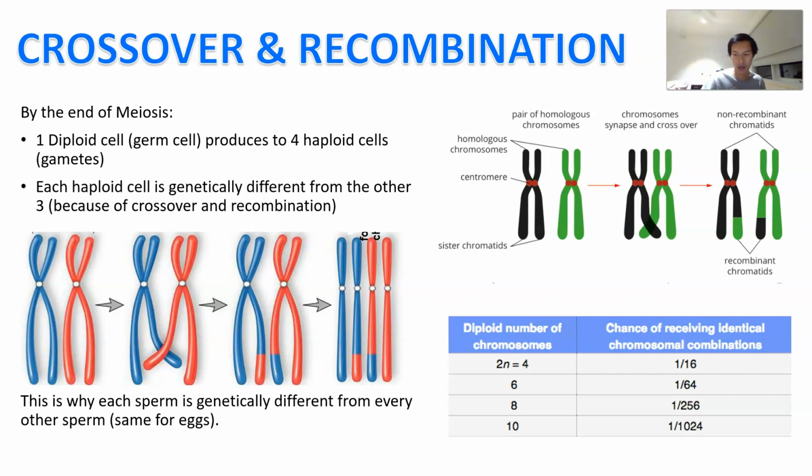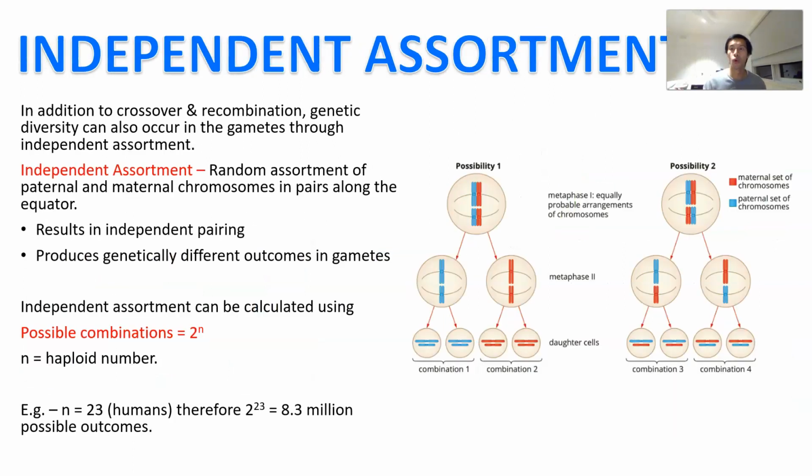Now, not only does crossover and recombination give you different genes, but independent assortment also gives you different genes as well. Independent assortment is when you randomly assort the paternal and the maternal chromosomes in pairs along the equator. That results in independent pairing, and it's going to also produce genetically different outcomes in the gametes.